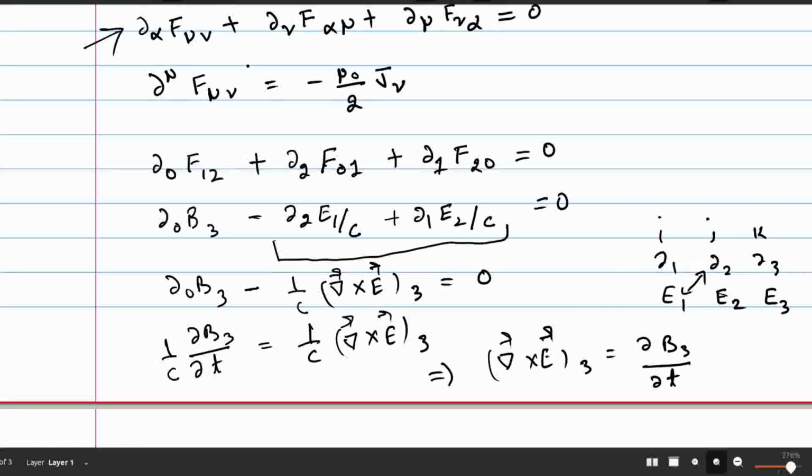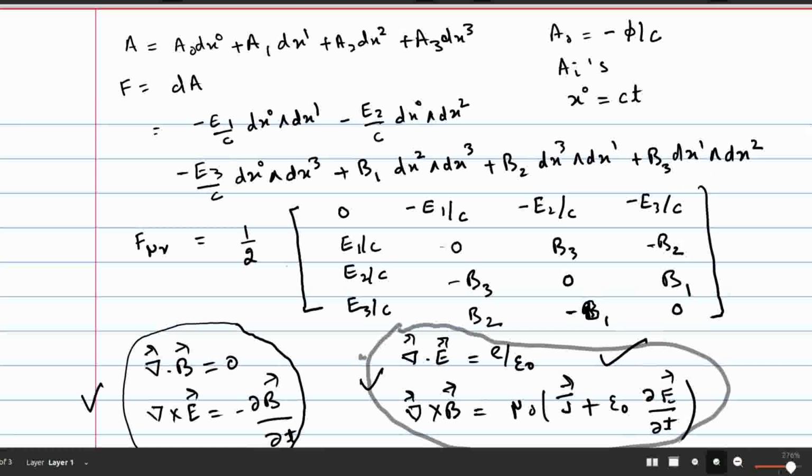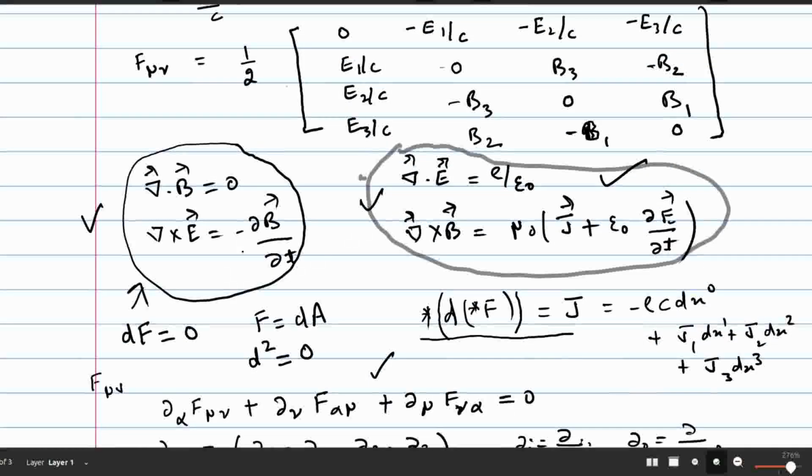Del 2 E1, del 1 E2. So minus del 2 E1 plus del 1 E2 is the third component of curl of E, so we will get a negative sign here, as we should get, because in Maxwell's equation here we have a negative sign.